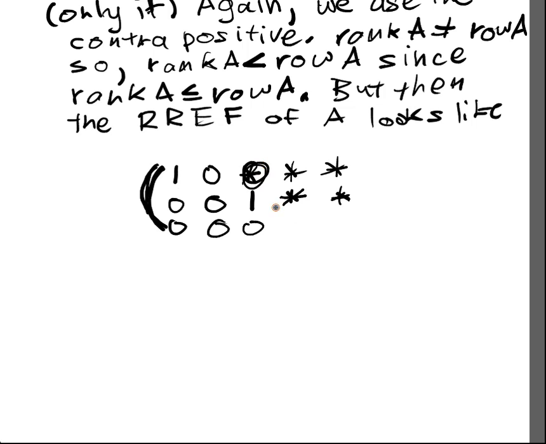Actually, this has to be 0 as well. And this guy could be anything, and that has to be 0. So let's suppose this is the reduced row echelon form of A. Well, I can augment this with anything I really want, so I'm going to augment it with this. And of course, this situation is not solvable. I have a 0 is equal to 1 situation here. So in particular, this does not have a solution.